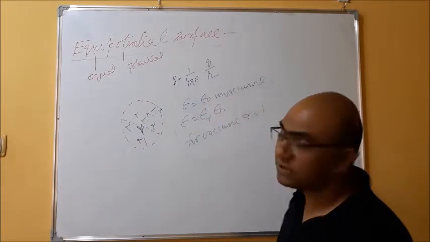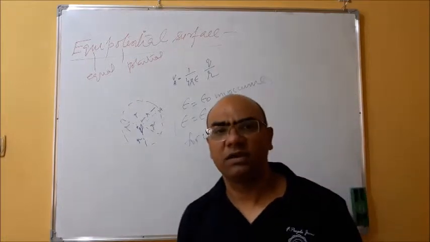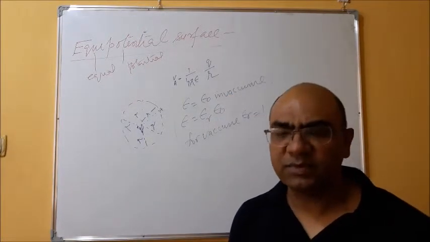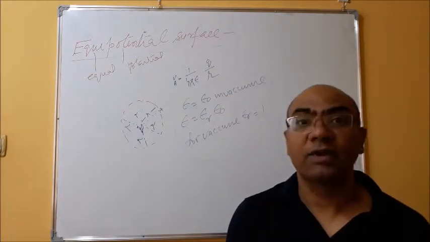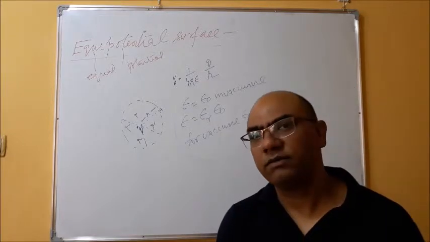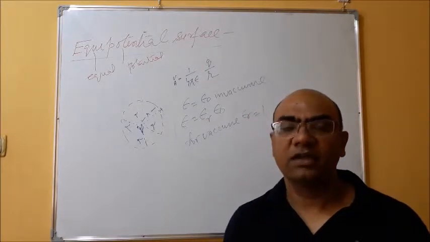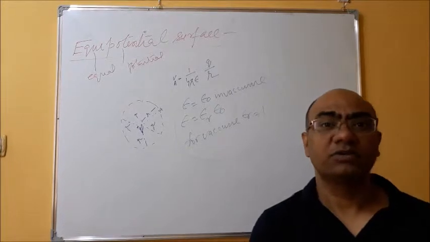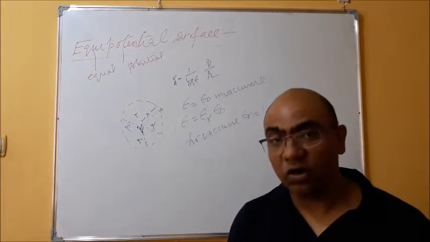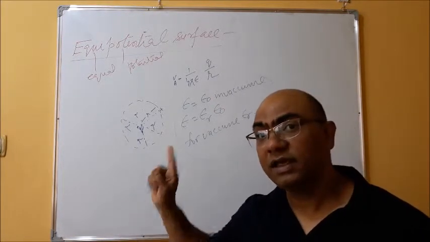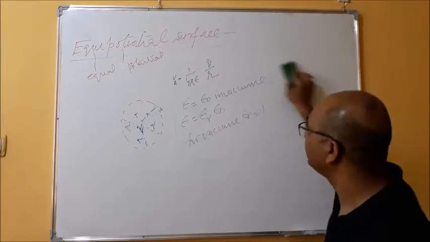Whether we write epsilon or epsilon naught, it is the same thing. Whenever I write epsilon or epsilon naught, I am considering that all calculations are being done in vacuum.